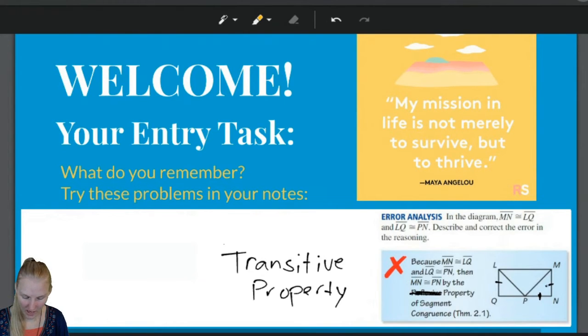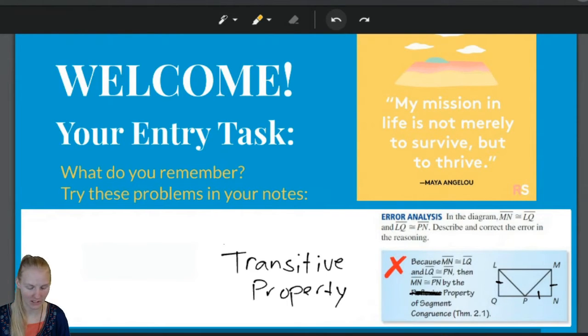So yeah, because MN is the same as LQ, and LQ is the same as PN, you can see right here in the diagram, MN and PN have the same tick marks on them. So yeah, MN is congruent to PN, and we call that the transitive property of congruence.